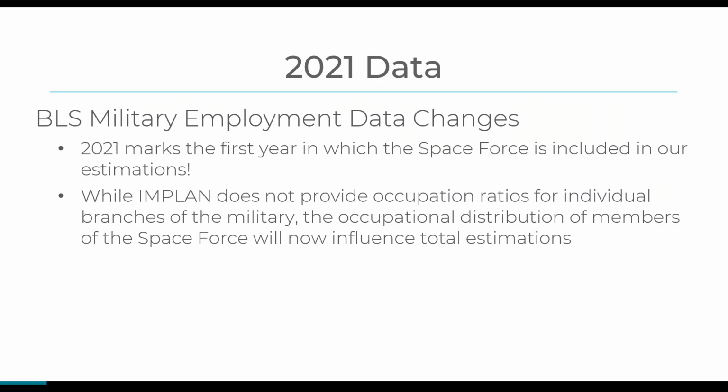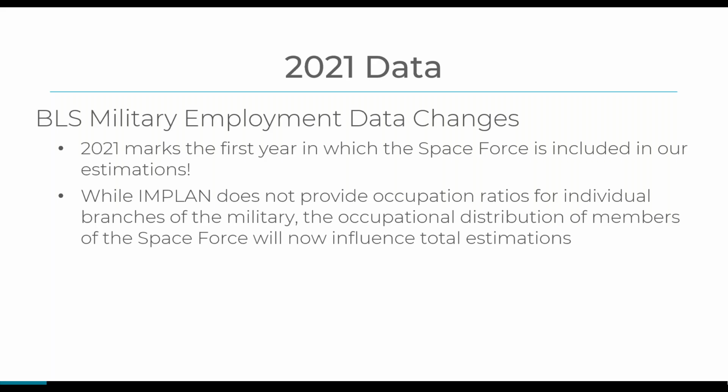Additionally, military-related occupation data is going to look a bit different because the source data for military occupations specifically now includes estimates of distribution amongst occupations for the Space Force, in addition to other branches of the US military.